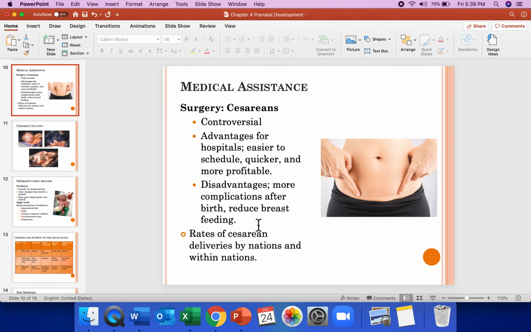There are potentially more complications because of cesarean birth. It's just not the natural thing to do. And it's been shown in research to reduce breastfeeding and create more problems for the infant later on.